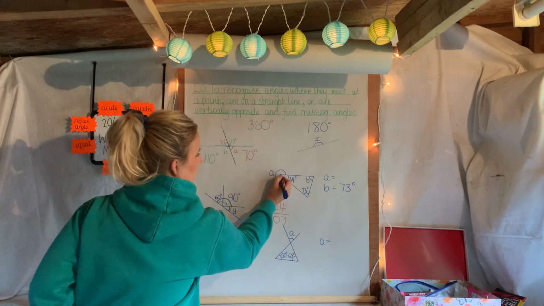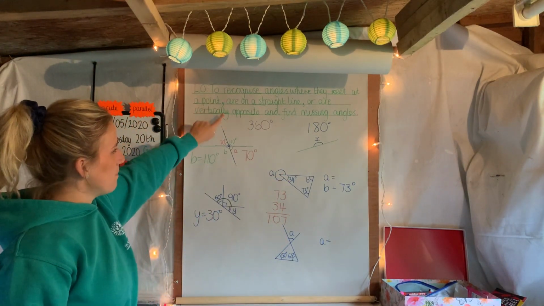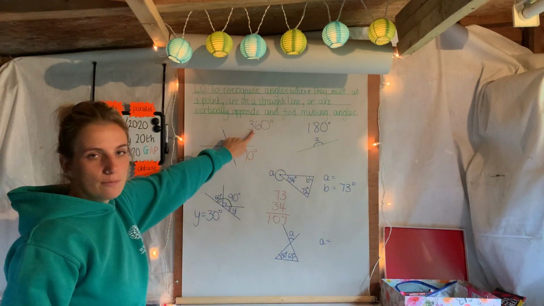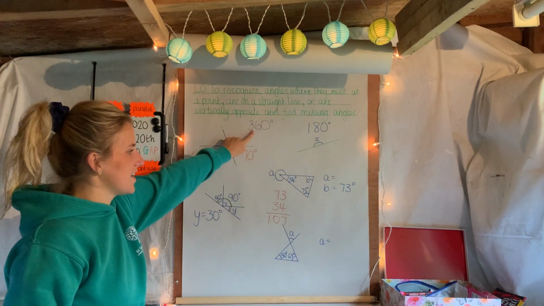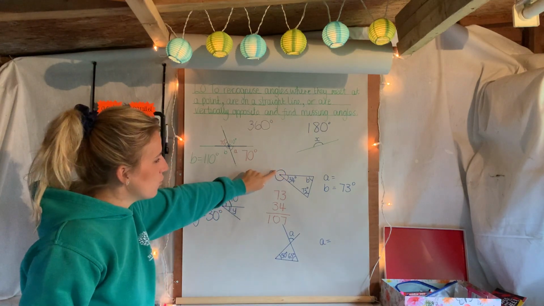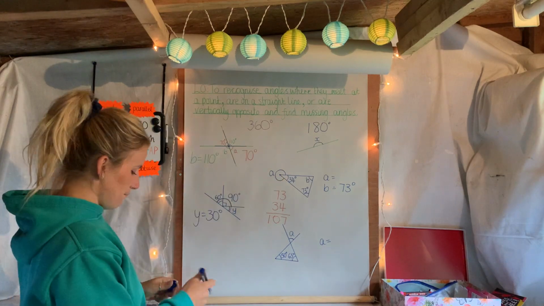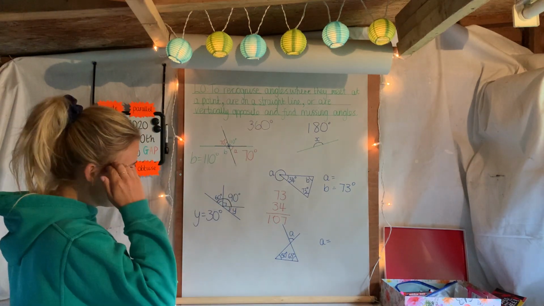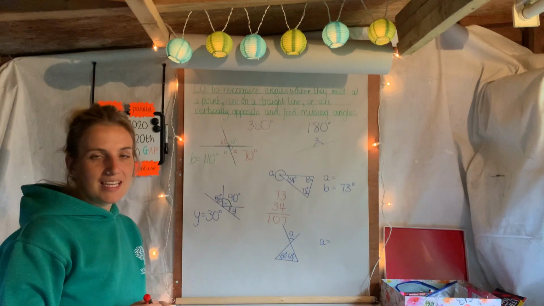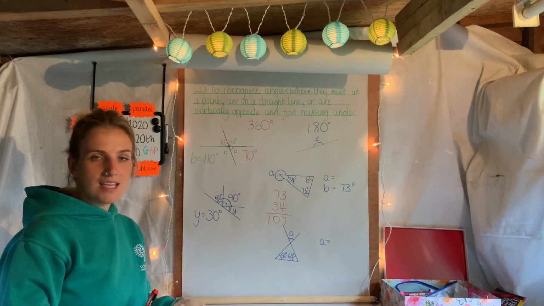Now this is the point, and if you remember, angles that meet at a point always add up to 360. So I've got 34 here, so how many more do I need to get to 360? Well, very simply, we have a written calculation of 360 take away 34, or take away 30 and take away 4.